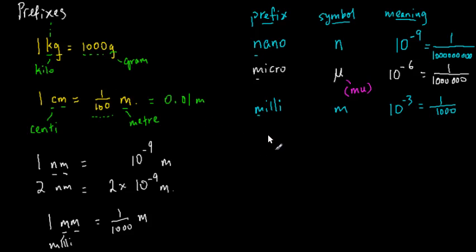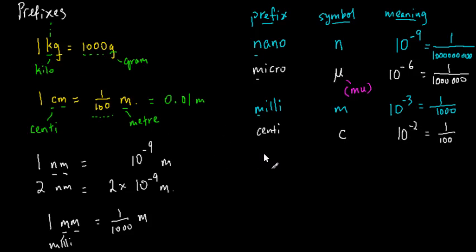The next prefix is the centi, which is that one that we have just seen. Centi, and the symbol would be the first letter C, and the meaning of that is 10 to the power of minus 2, which is 1 over 100.